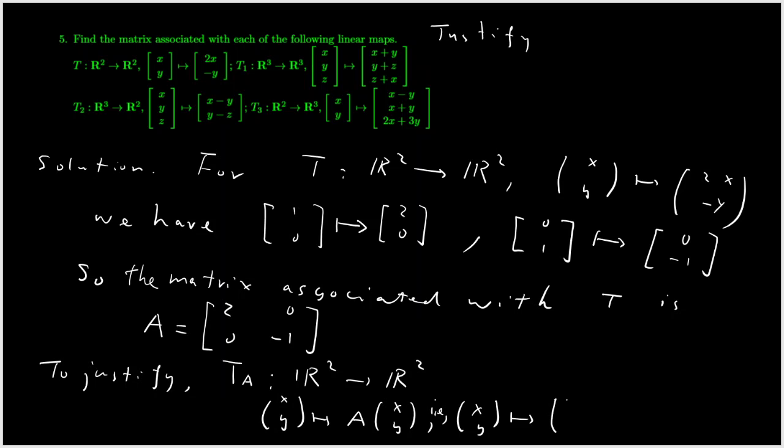I believe you have 2x minus y. Is that right? This means the linear map determined by the matrix A is indeed the given T.